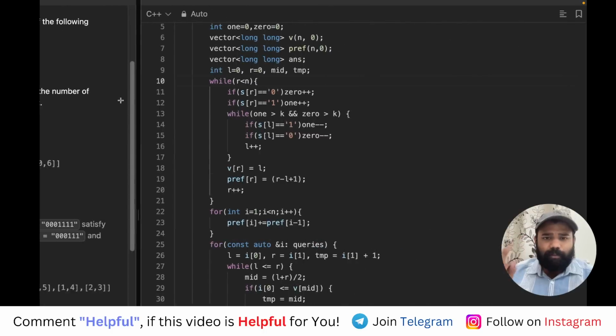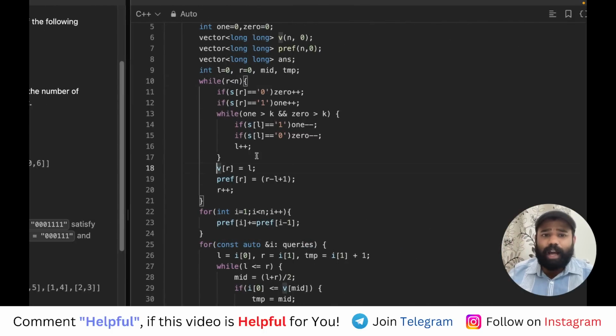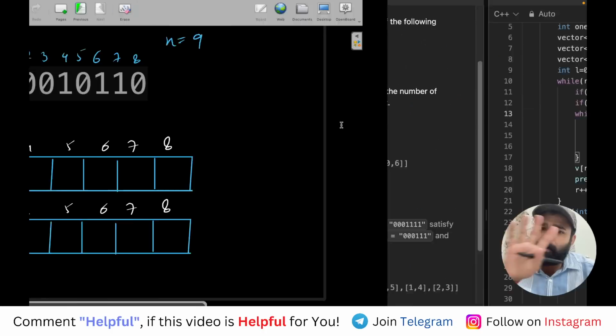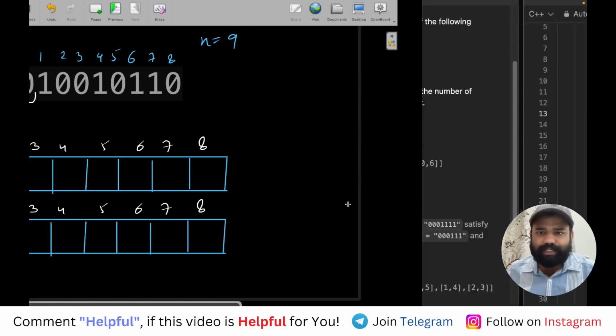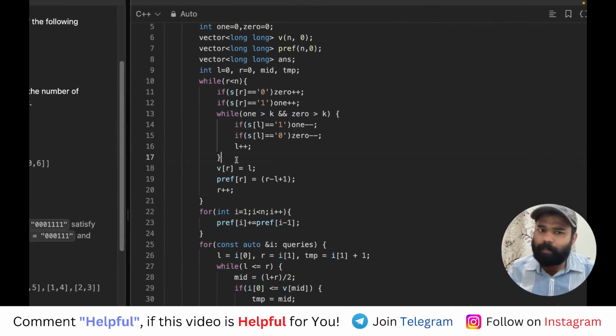So what I will do, I will make my V 0. When our number of 1s becomes greater than k, that is, if my number of 1s is greater than k and number of 0s is also greater than k, it means it is not a k constant array, and only then will I increase my L. Initially both are within k. You can see this case is not there, both 1 and 0 counts are less than or equal to k, so this case will not be handled.